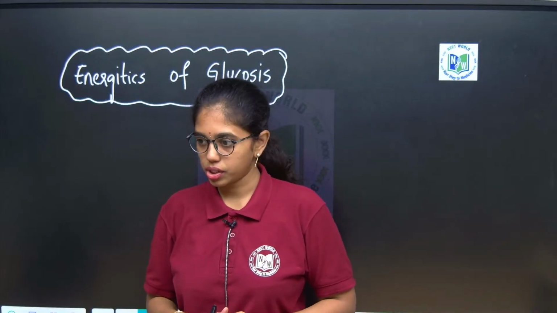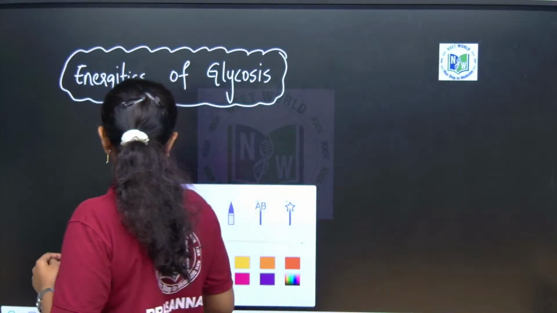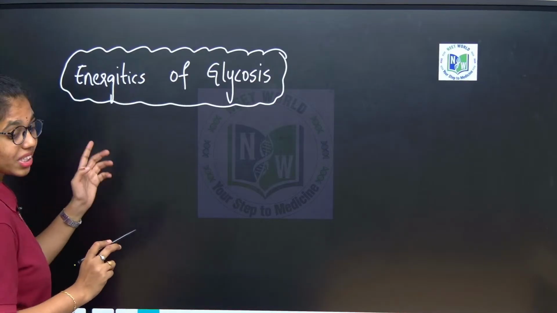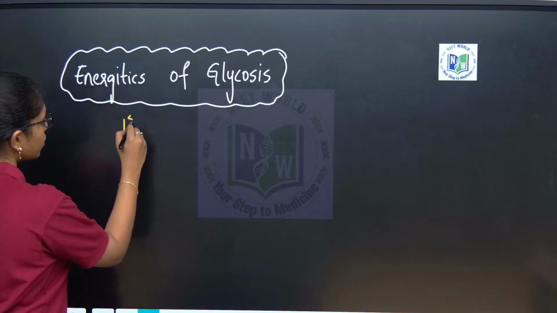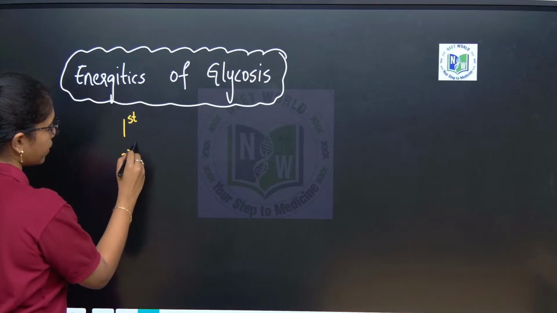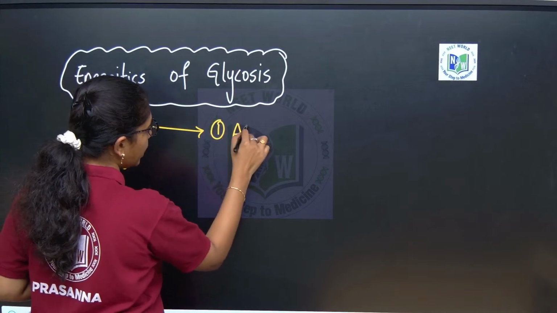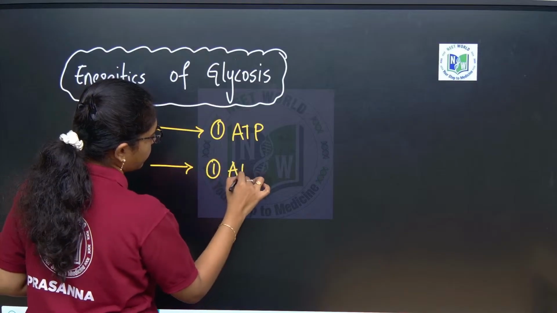energetics of glycolysis. Now, if you have to see the energetics of glycolysis, first you tell me in what steps ATP is being utilized? First and third. In these steps ATP is being utilized by glycolysis. 1 ATP each.